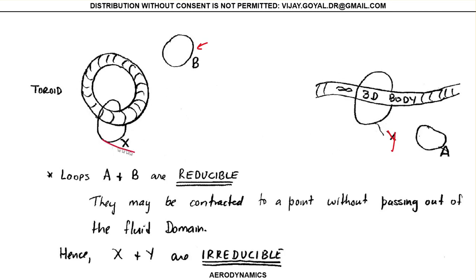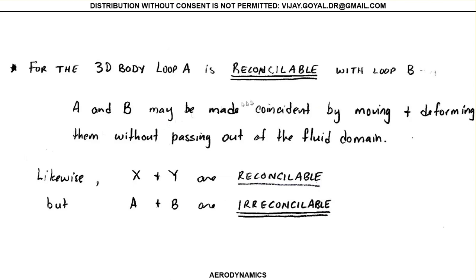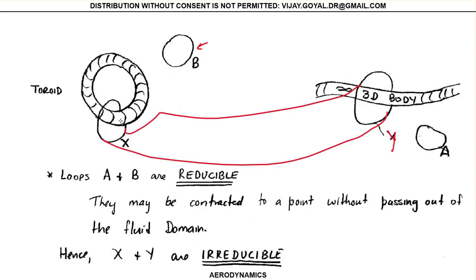I can take this flow, and now this flow can be combined with this. I can reconcile, right? So now it is possible to reconcile these two loops here into one big loop without affecting the body. I can do that, okay?